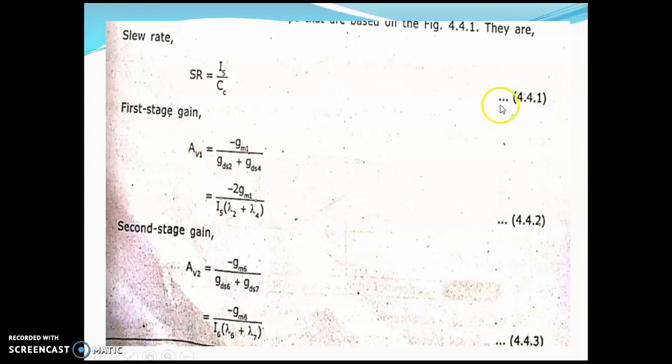A two-stage amplifier has two stages. One is used to optimize the output, and the other is used to increase the gain and CMR of the input. So just note down the slew rate for this two-stage amplifier as well as the gain for the first stage and the second stage.